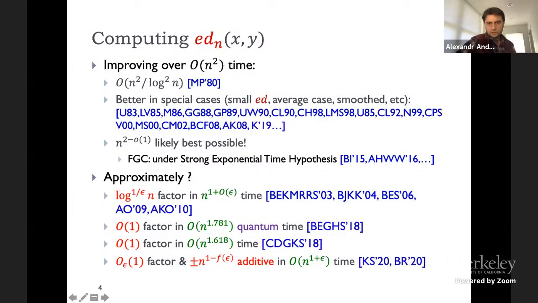Put differently, it's an algorithm that only works in the case when the edit distance is already very, very close to being maximal, right? Basically very close to being linear, n. But when it is a little bit less than this, then it doesn't say anything, and we still don't know how to get constant factor approximation in near linear time.